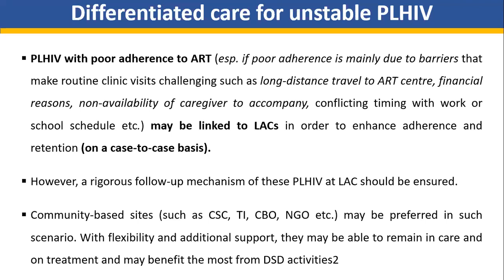Community-based sites may be preferred in such scenarios where we can provide additional support for care and treatment for those patients who are having these issues. So this is actually giving differentiated care to the patients who are unstable or having a high viral load, and they were not reporting to the center because of these reasons which have been mentioned.